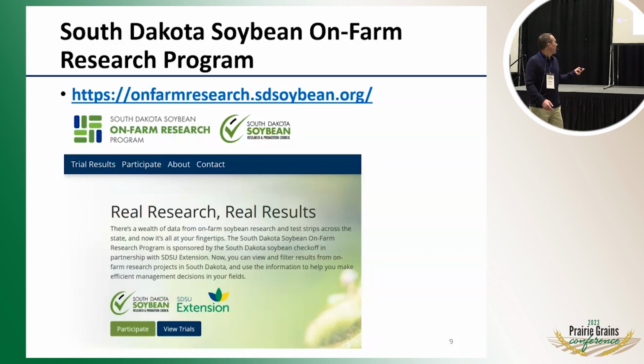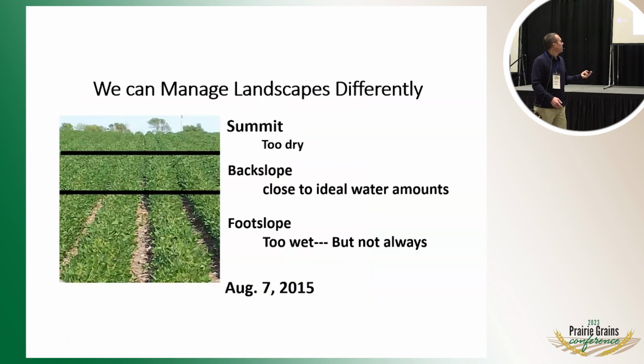So one of the things we really look at, in addition to where in the field things work, and this is a pretty common site, and I'm sure it is in places around here too. Going up this slope, if I'm doing a trial and coming down this slope, you can see we have 3 really different zones that could all be managed differently. In this day and age, that is possible.